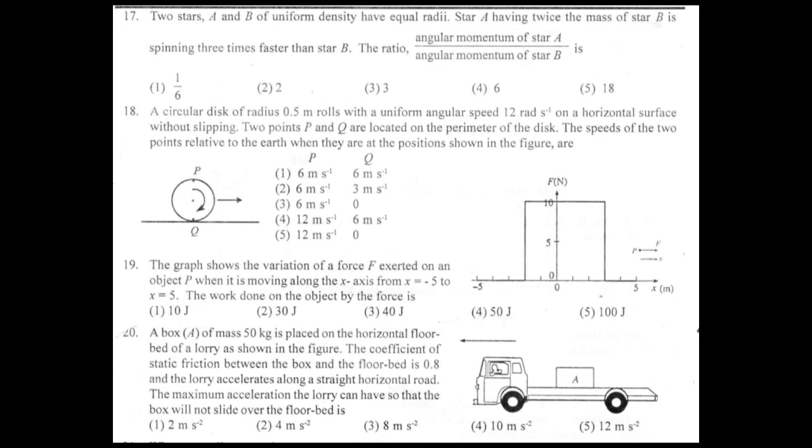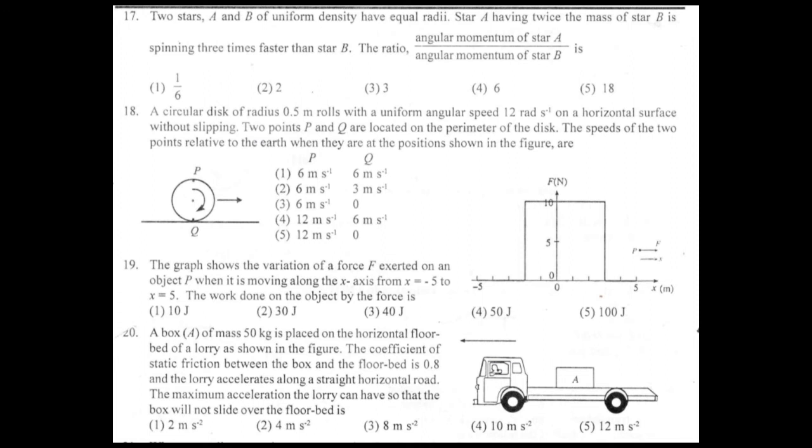Now, when the lorry is accelerating, there will be a force on the box. That is given by ma. Mass of the box is given, and a is the acceleration of the lorry. So this box will not slide over the floor bed.